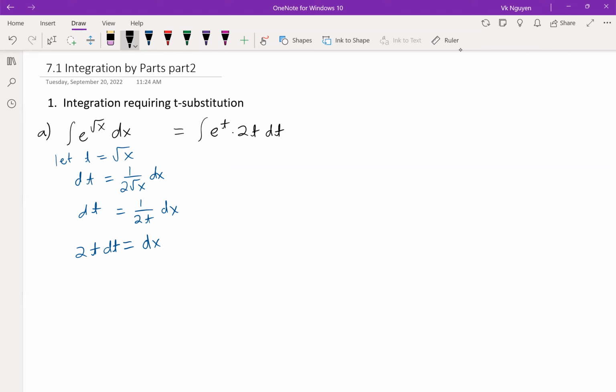Well, to do this, we do integration by parts. We let u be 2t and dv be e^t dt. du is 2 dt, v is e^t.